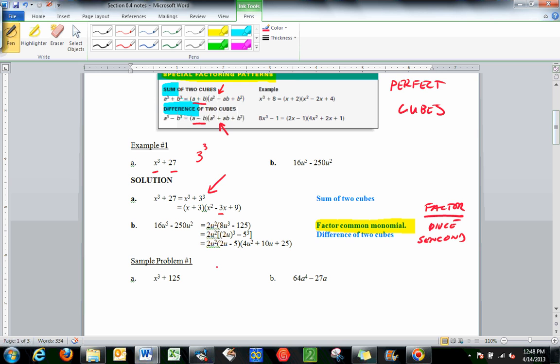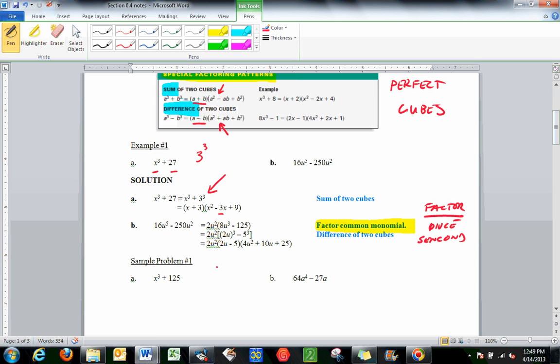So what you're going to find when we're factoring polynomials that have higher degrees than 2 is that a lot of times there's a second and maybe even a third level of factoring that has to take place. So you can't just stop after one level of factoring. Be sure to look for the second and possibly third level of factoring as we're doing this.